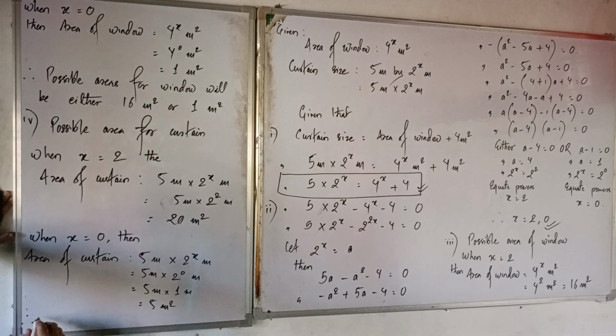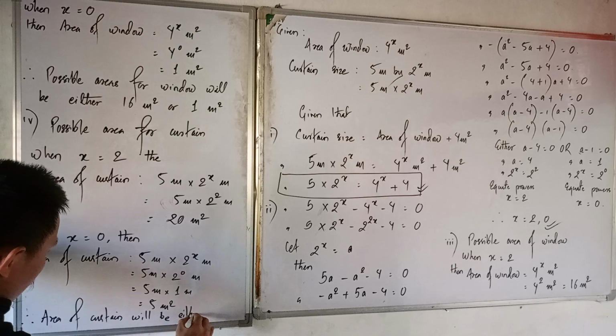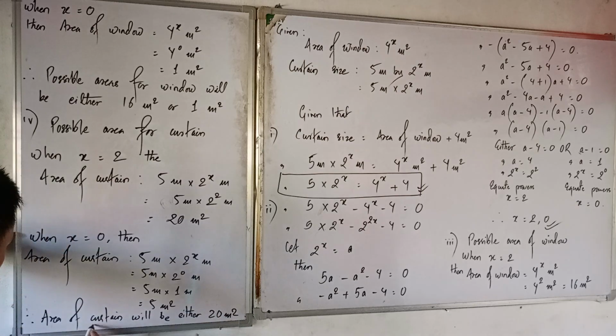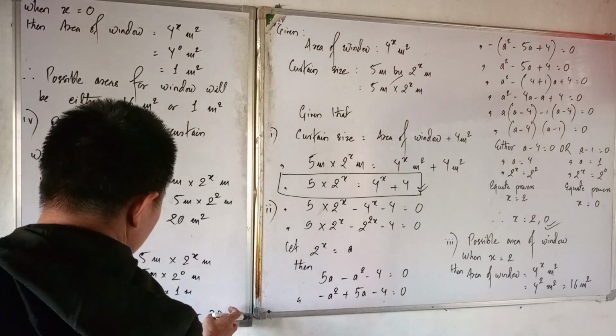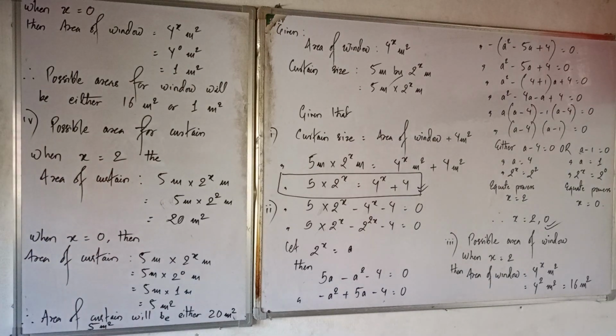So therefore area of curtain will be either 20 meter squared or 5 meter squared. A little bit congested there. I hope you understand this. It doesn't look like a square here, so I'm going to make it like a square, so while you're copying that, you won't get any problem. So this is how it is done.